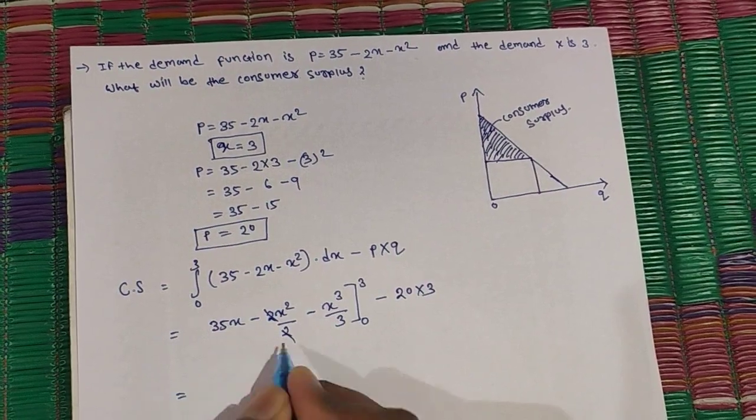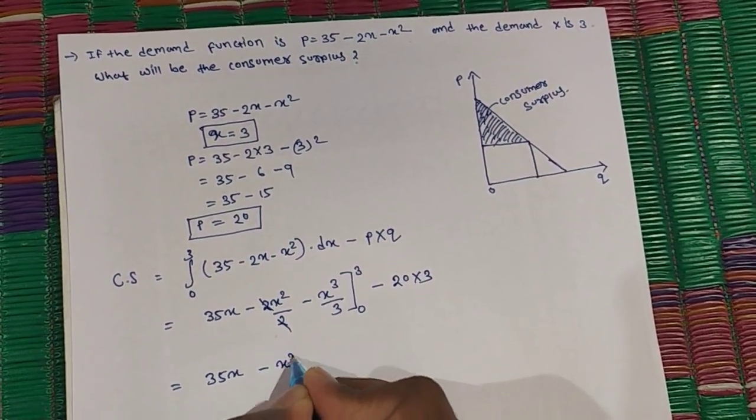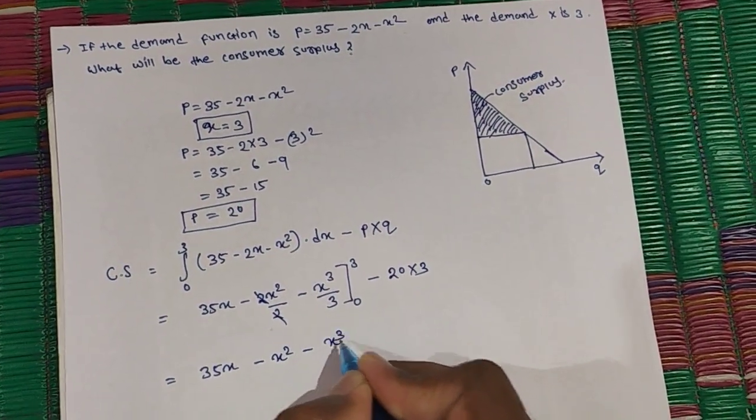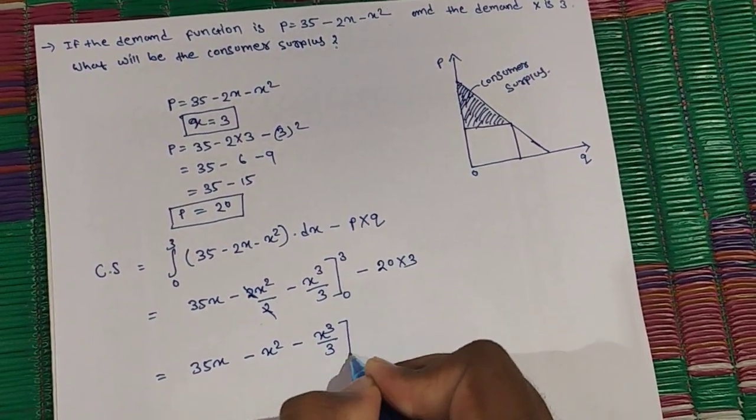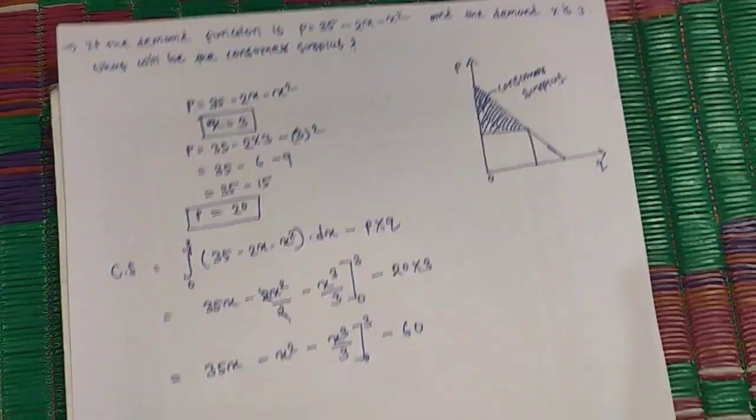Now 2 gets cancelled. Now we have to rewrite it: 35x minus x square minus x cube upon 3, from 0 to 3, minus 60.